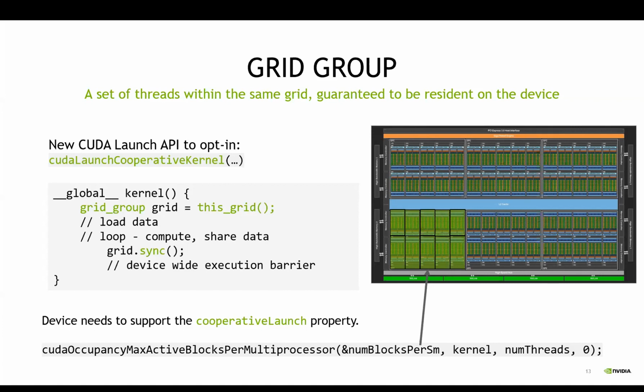And if all of my SMs are completely loaded with thread blocks and all of those threads have reached the grid sync barrier, and I've got a bunch of blocks sitting in the queue waiting to be deposited, therefore their threads have not even started executing yet, I'm going to run into a deadlock. So another requirement of a cooperatively launched kernel is that the grid size cannot exceed a certain level.